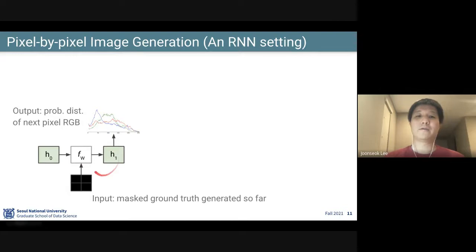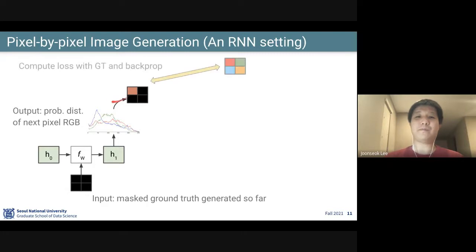And this first hidden state outputs the distribution for the red, green, and blue. And from there, we sample one value to fill this. And the loss is computed by comparing against the ground truth image. The difference between these two in the first pixel will be given as a loss, and it will be backpropagated to the model.